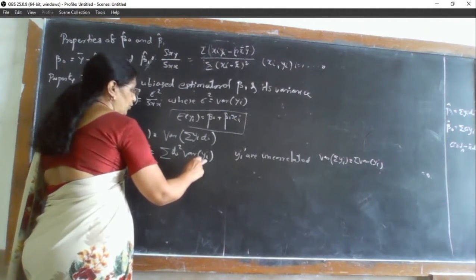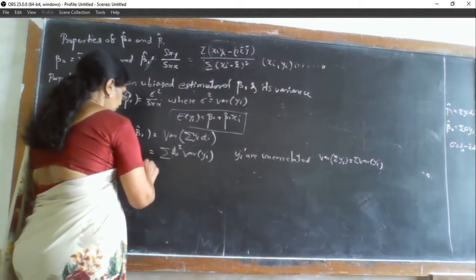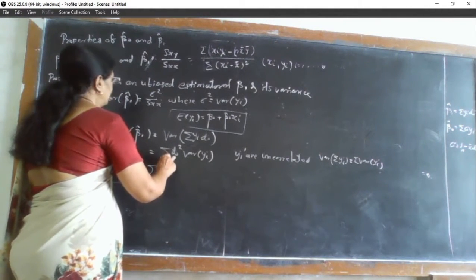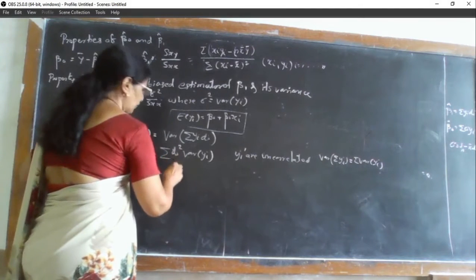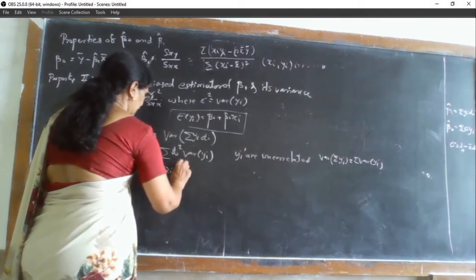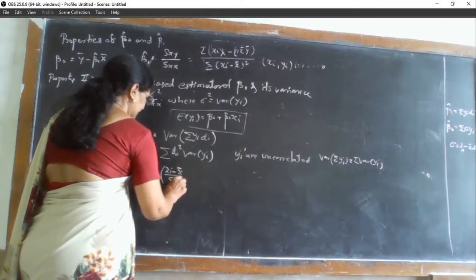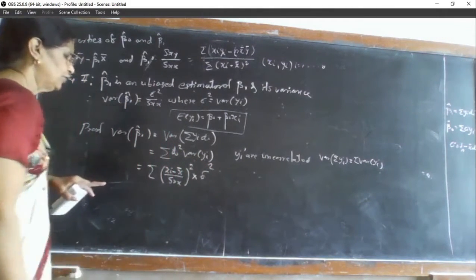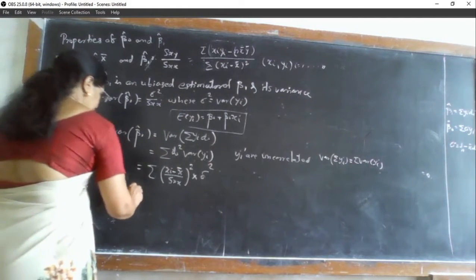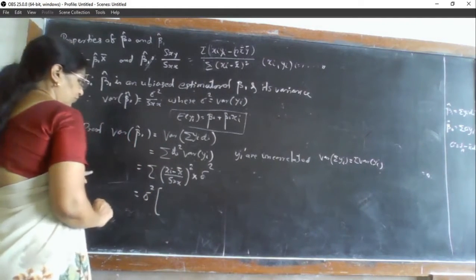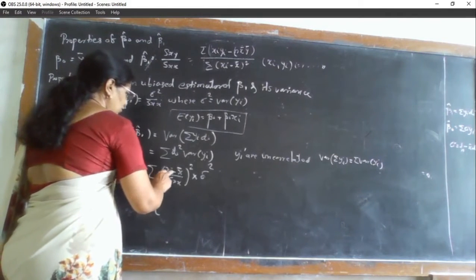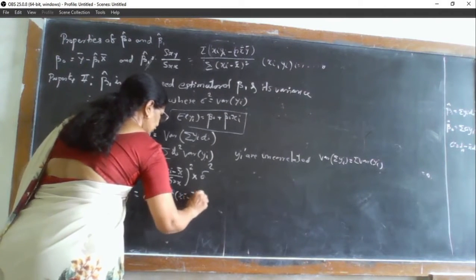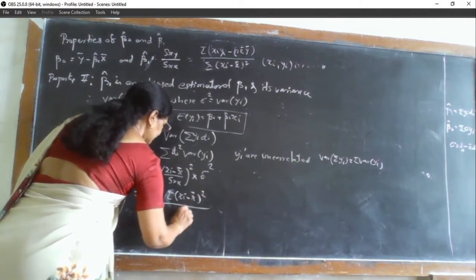Now we need to compute variance of yi. So this is equal to summation of di square. Di square is (xi minus x bar) upon Sxx, whole square, and variance of y is sigma square. So this is equal to sigma square summation of (xi minus x bar) square upon Sxx square.